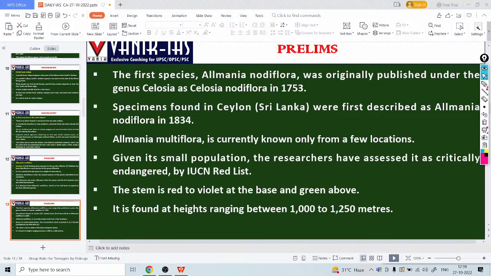Almania multiflora is currently known only from a few locations. Given its small population, the researchers have assessed it as critically endangered by the IUCN, International Union for Conservation of Nature.